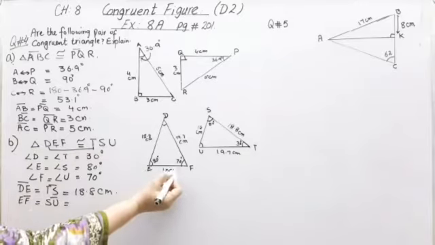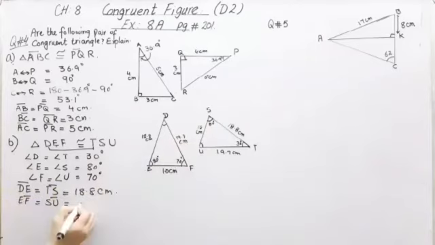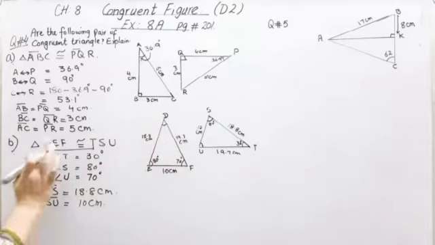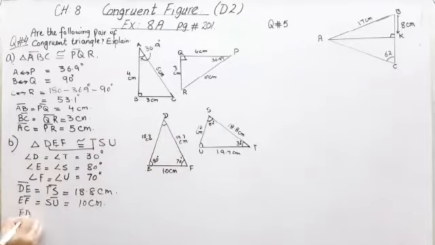EF is 10 and SU is also 10 centimeters. And for the third one, first we did FD. Now we take FD and ST. They are both equal to 19.7 centimeters.